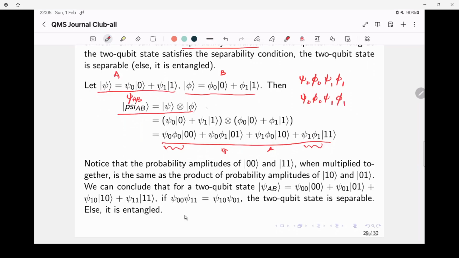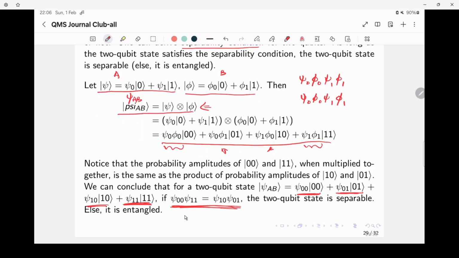Because your initial assumption is that this is a separable state, it means that when you multiply the probability amplitude of 0, 0 and the probability amplitude of 1, 1 together in a very general two qubit state, and they are equal to the probability amplitude of 0, 1 and 1, 0 multiplied together, if this equation is true, then your two qubit state is separable.